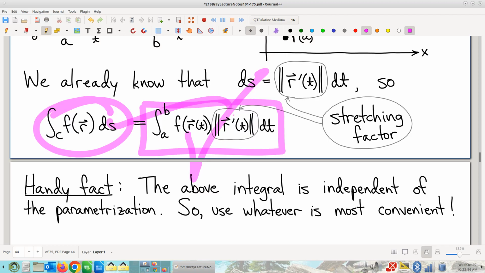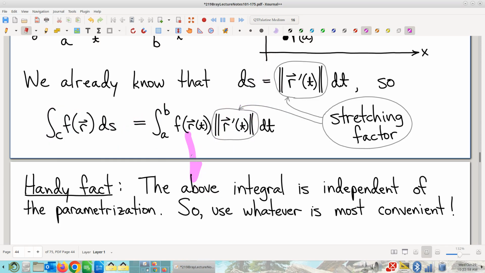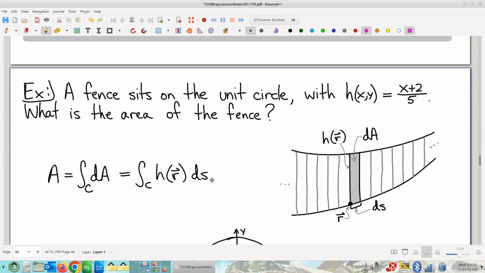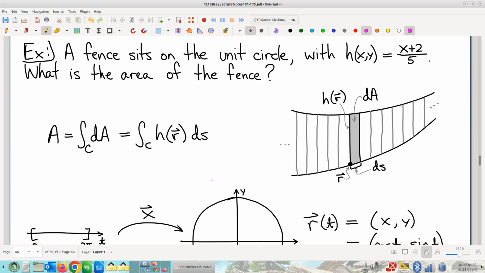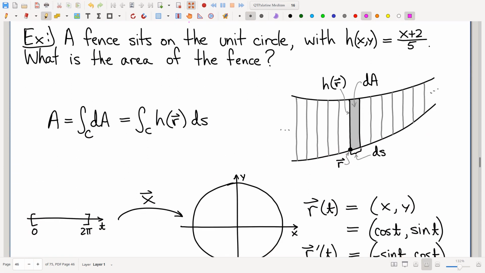Okay, let's see. So we're going to do one more of these before we move on to the next concept. This is another semi-real world example. You've got a fence that's sitting on the unit circle.